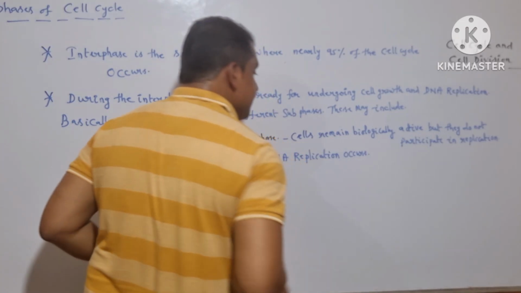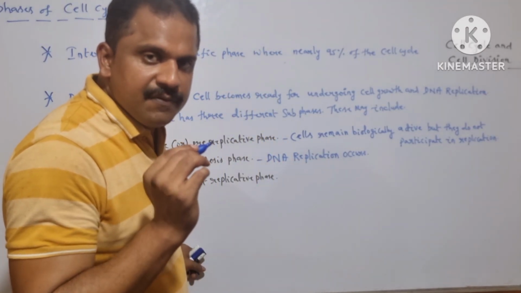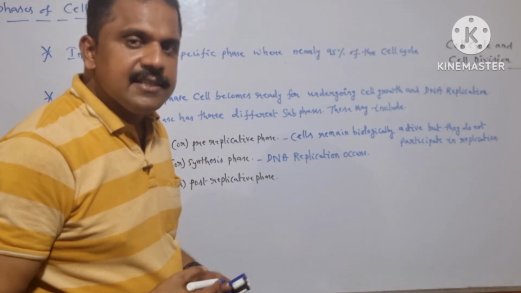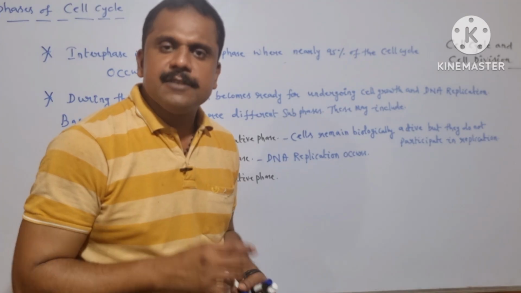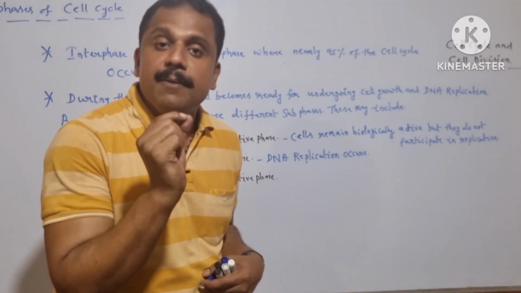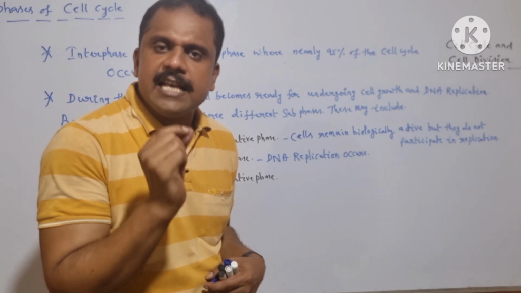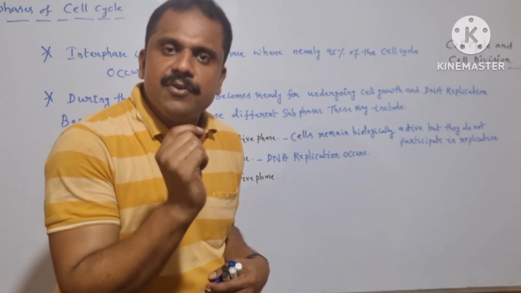And in addition to this, especially in case of animal cells, during the S phase, the duplication of the centriole takes place. Is it clear? In animal cells, in order to regulate cell division, the duplication of the centriole plays an important role.